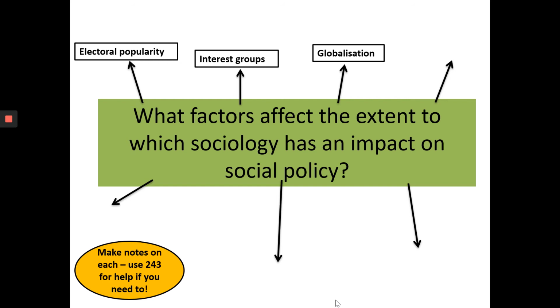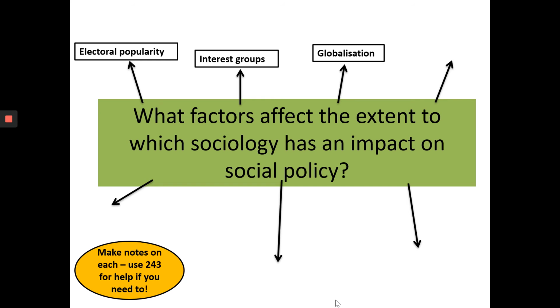Globalization. If the policy being put forward by a sociologist is pro or anti-globalization, it's likely to have different impacts. It might be popular elsewhere, or it might help further globalization. It depends on what the government or the political parties think about this.